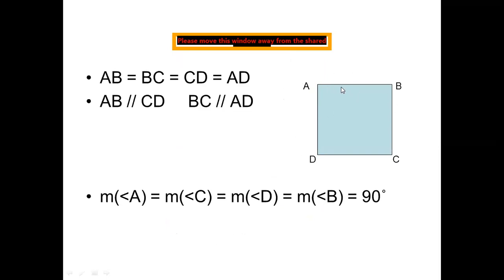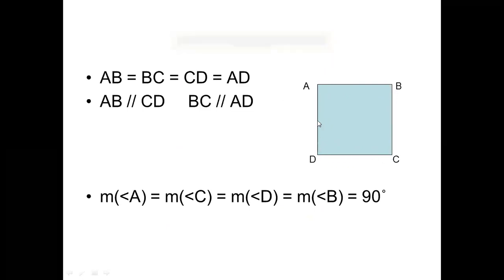For example, this square ABCD. In the square, all sides are equal in length. AB equals BC equals CD equals DA. The four sides are equal in length. And the opposite sides are parallel. AB parallel to DC and AD parallel to BC.